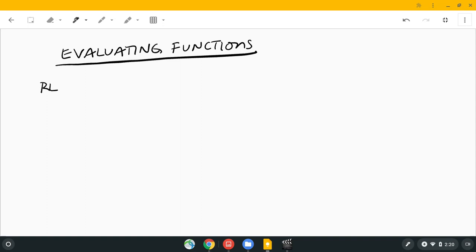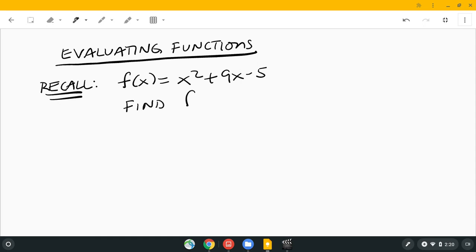Okay, so let's just recall how to evaluate functions. So if you have this function, f of x equals x squared plus 9x minus 5, and you are asked to find f of 2, okay, so again, that doesn't mean multiply by 2, that means evaluate at 2, which means you need to replace all the x's with 2.